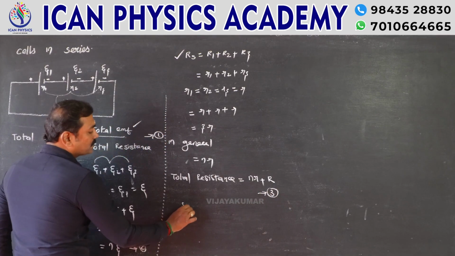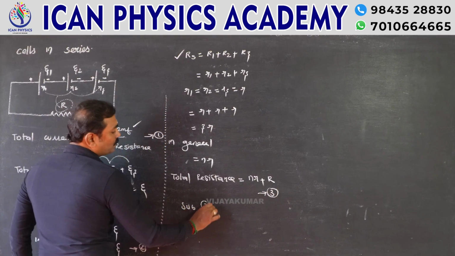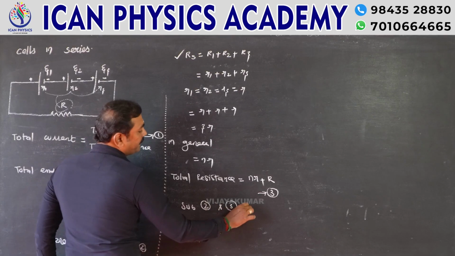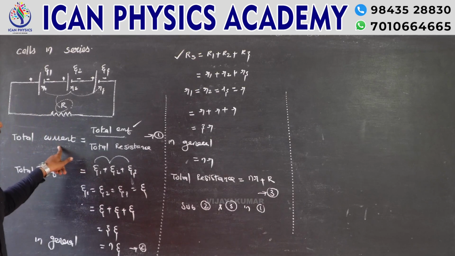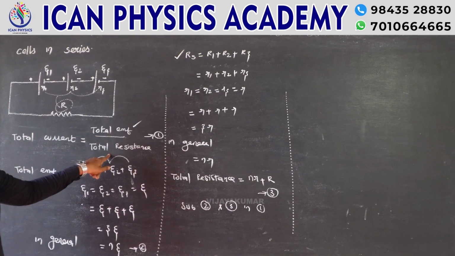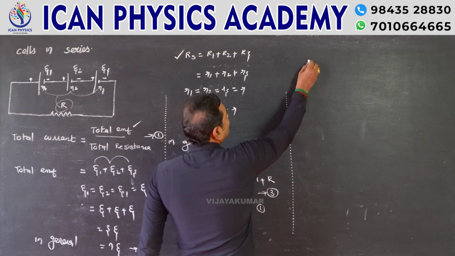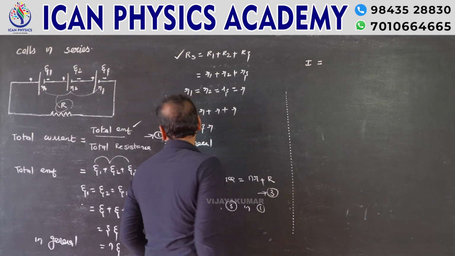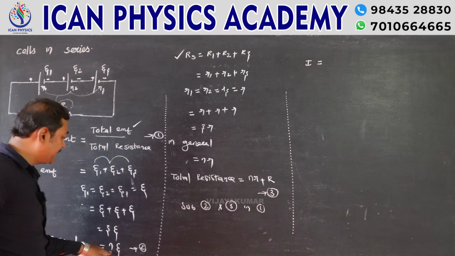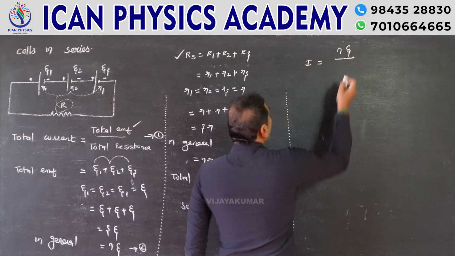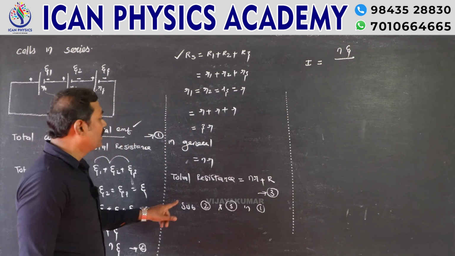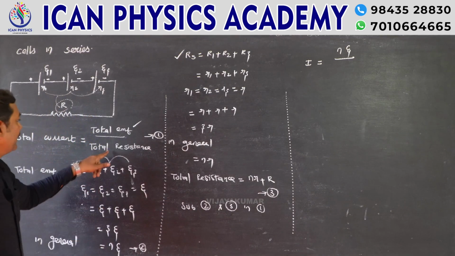Okay. Now substitute 2 and 3 in 1. So what about the 1? The total current I equal to total EMF by total resistance. So the total current I equal to total EMF, that is n psi, divided by the total resistance.